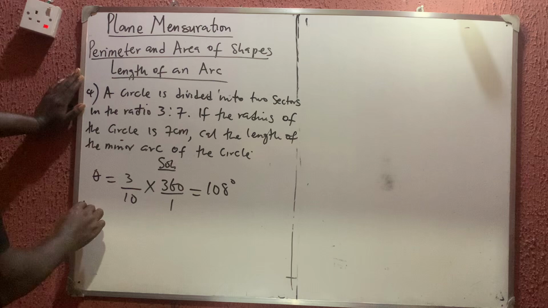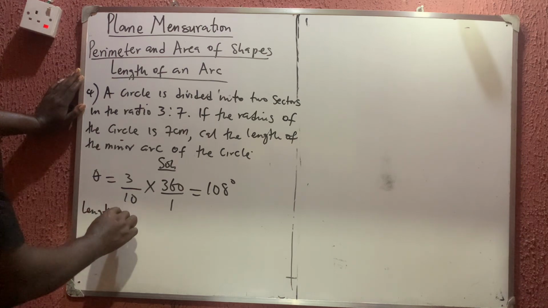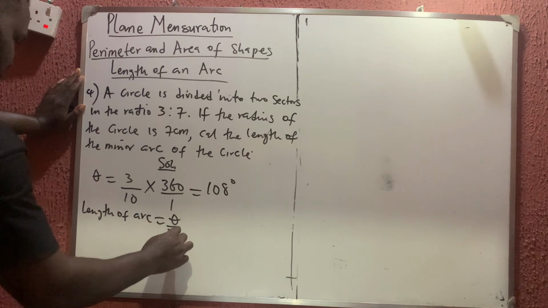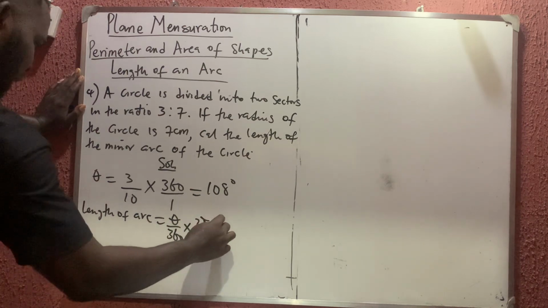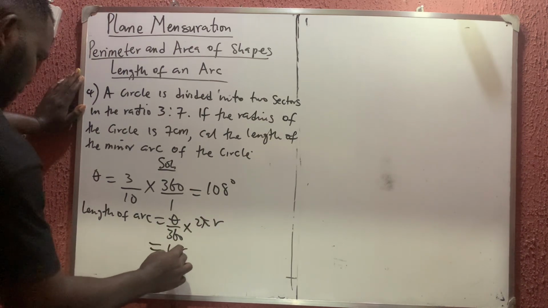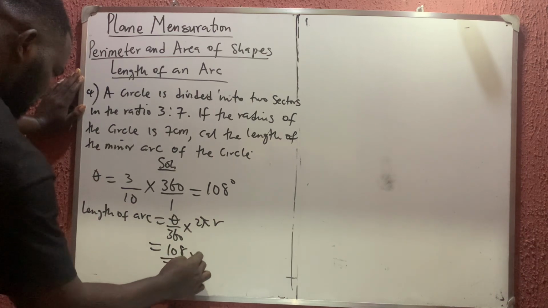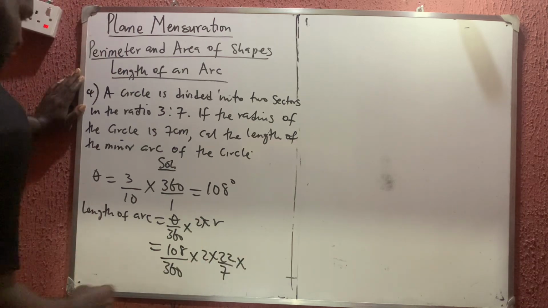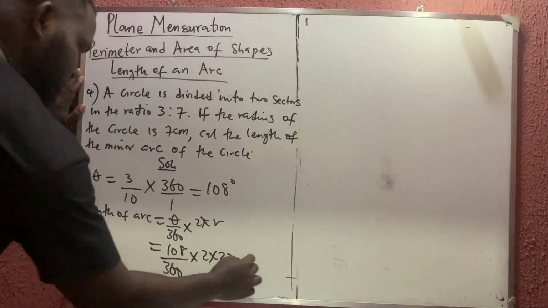So the length of the arc becomes theta over 360 times 2 pi r, which is 108 over 360 times 2 times 22 over 7 times the radius. The radius is 7.